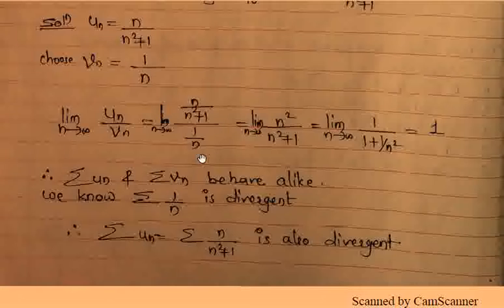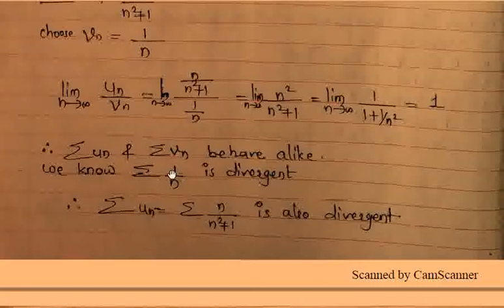Then you take out the common factor of n squared, and 1 divided by infinity is 0, so it becomes 1. So 1 divided by n is divergent, so Vn is divergent, and Un is also divergent. Why is that? Because the sum of Un and the sum of Vn behave alike.